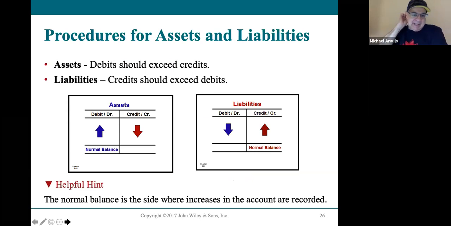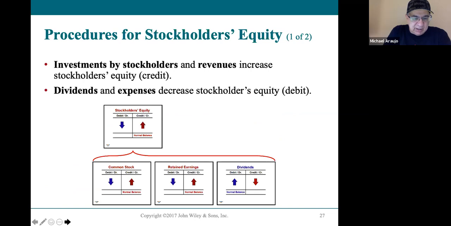So in essence, there's a lot of little things in your book that try to explain as best they can that, again, asset accounts increase on the debit side, decrease on the credit side. Liability accounts increase on the credit side, decrease on the debit side. These are all things that we're learning.